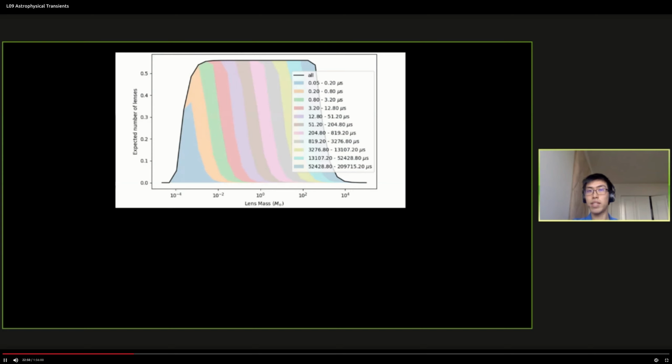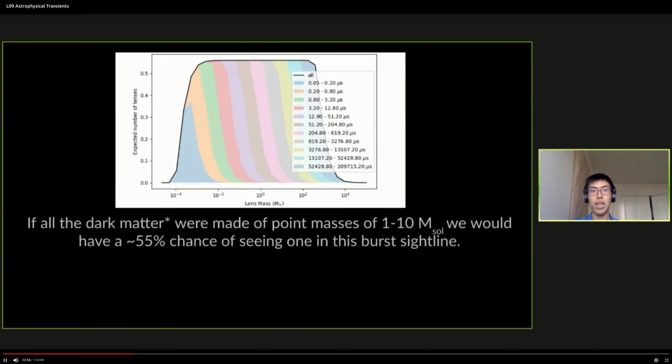So here is the expected number of gravitational lenses that we expect to see in our search as a function of the lens mass. The way to read this is you look at the black curve, and if all the dark matter were made of point masses within a decade, say between 1 and 10 solar masses, we would have a 55% chance of seeing one of those along just this one burst sight line. So it's an extremely sensitive search method.